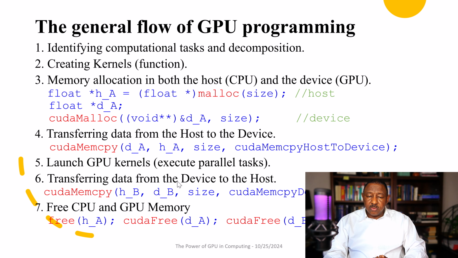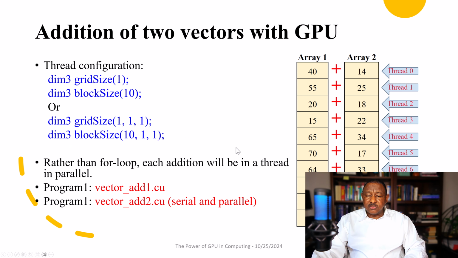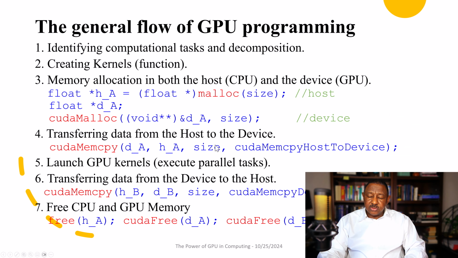And here we use a function, cudaMemcpy. Okay, and the first argument is the destination, and then the source, and the size of the data that we need to transfer, and this last argument shows the direction.